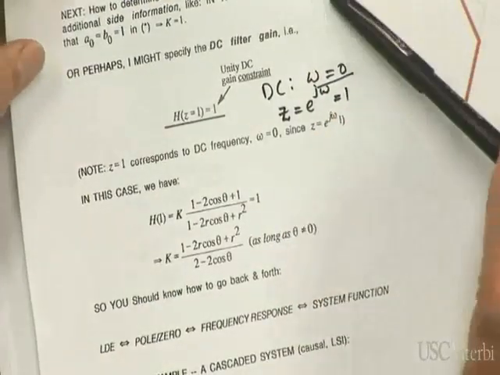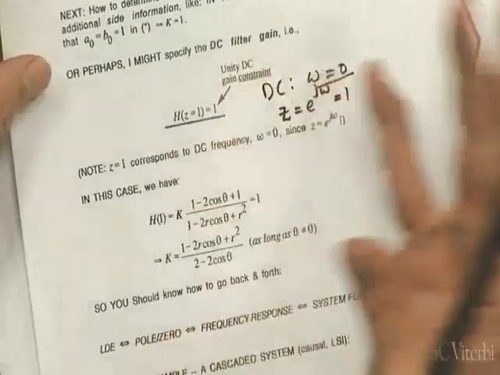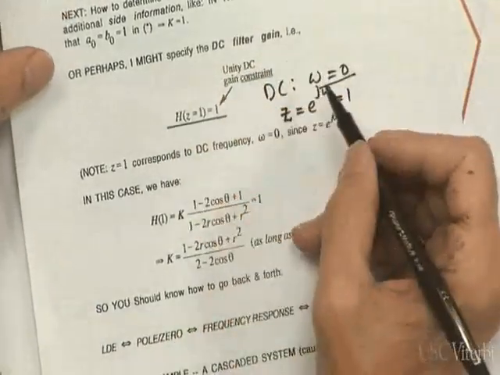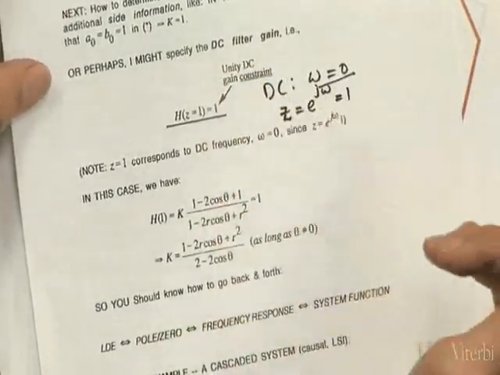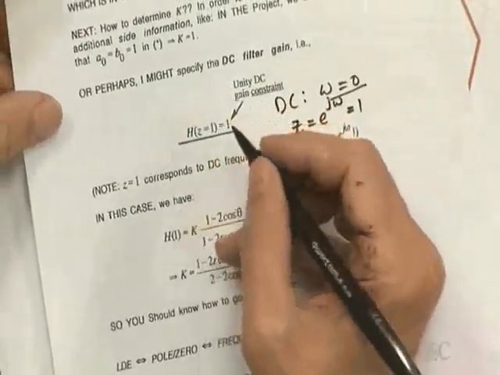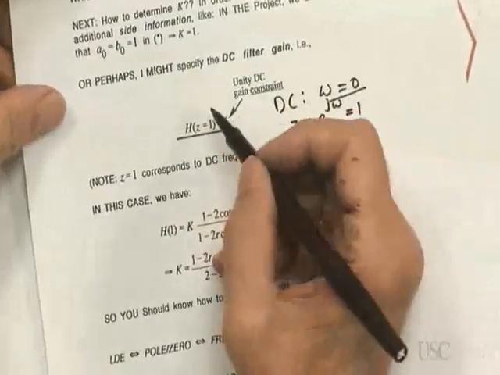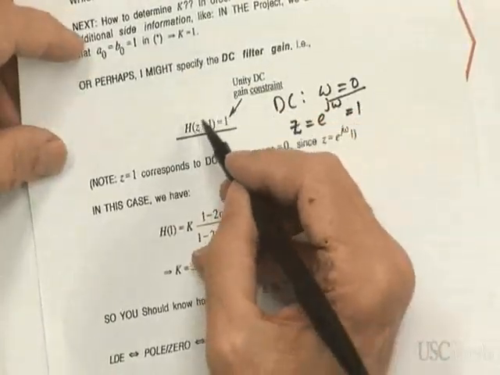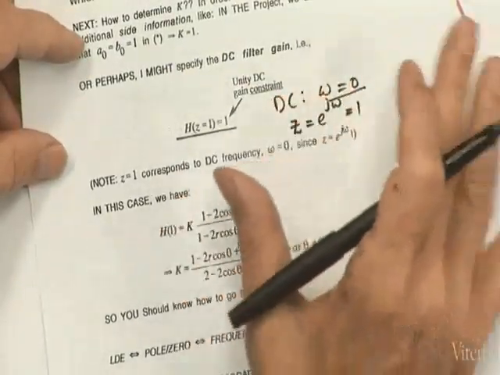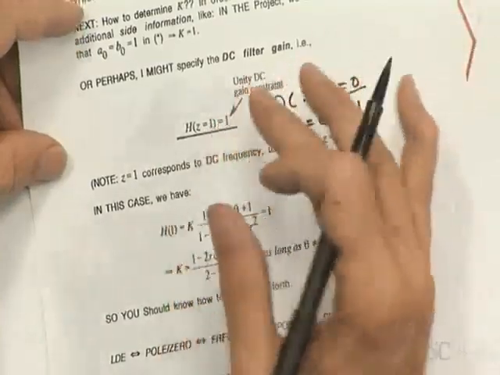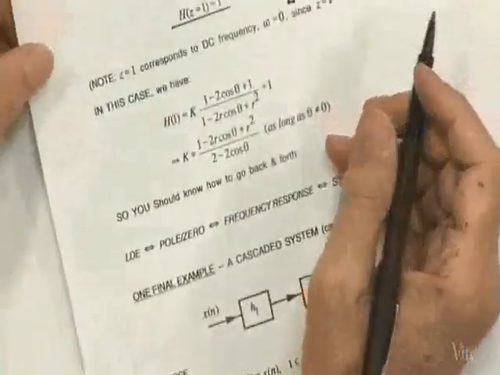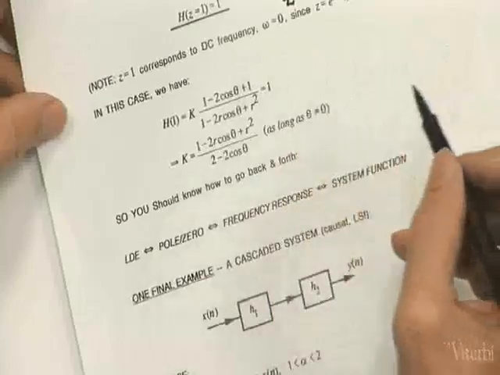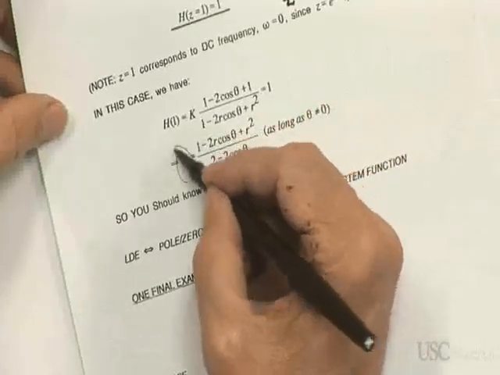So when I tell you I'm going to specify the DC gain, all I mean is I'm telling you what H is when omega is 0, or equivalently when z is 1. So here the side information is that H of z, when z is equal to 1, is equal to 1. If I tell you that, then obviously that will ultimately determine k.